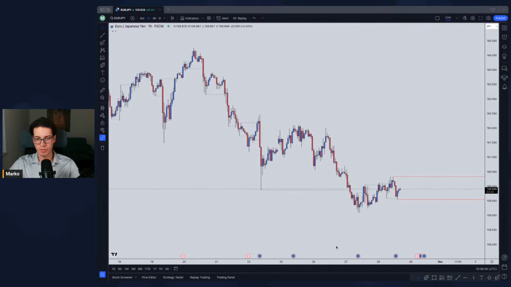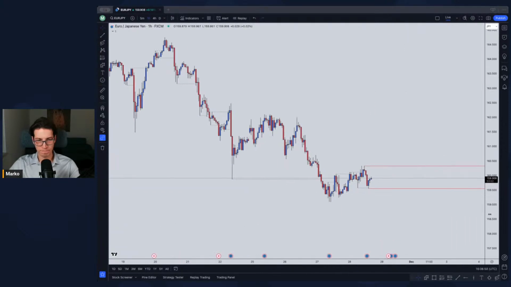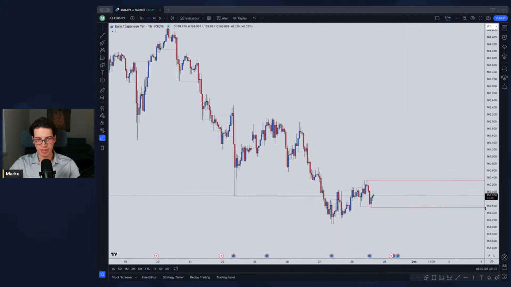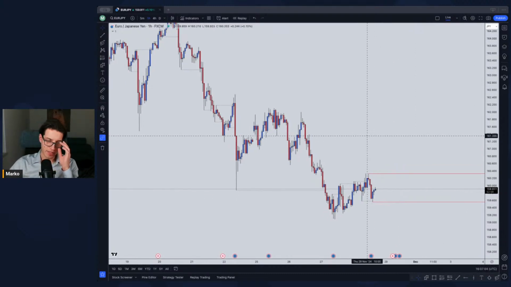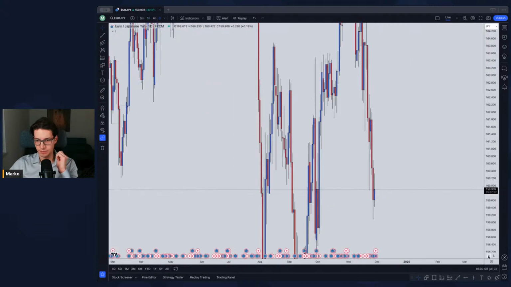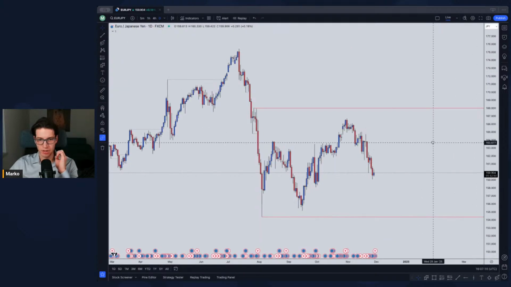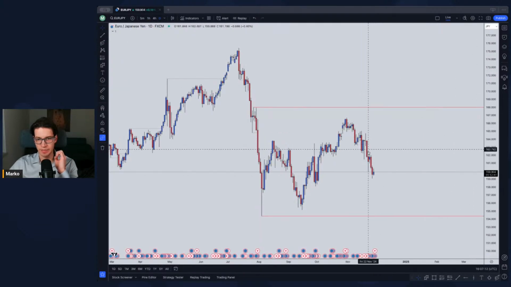EJ, so if we jump to EJ, EJ is looking not the best right here, but let's start with the daily. The daily is actually starting a bit of bearish momentum. As you can see, we're kind of stuck inside of this low and this high.